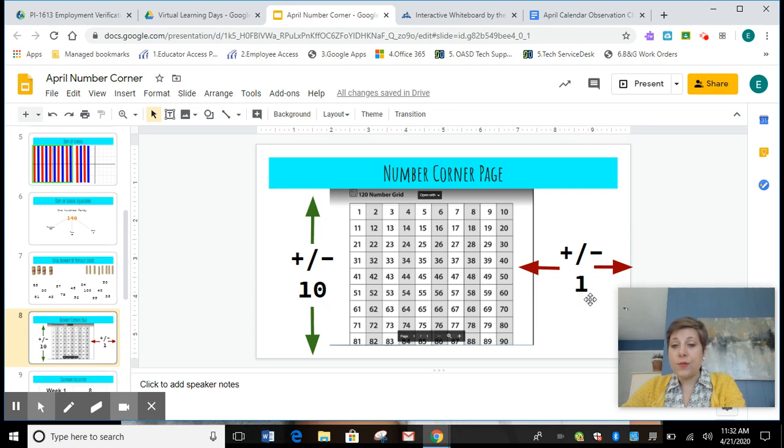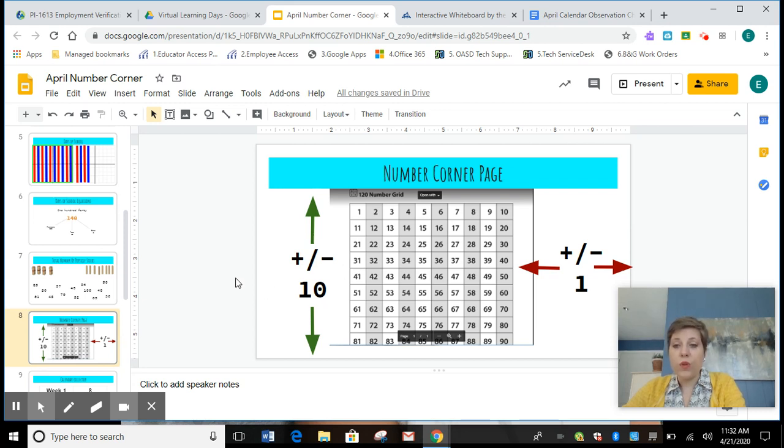When we're adding and subtracting 1 from a number, we're moving across the row. As numbers get bigger and I'm adding groups of 1, I'm moving to the right on my row. As numbers get smaller and I'm taking away 1, I'm moving backwards or to the left in my row.